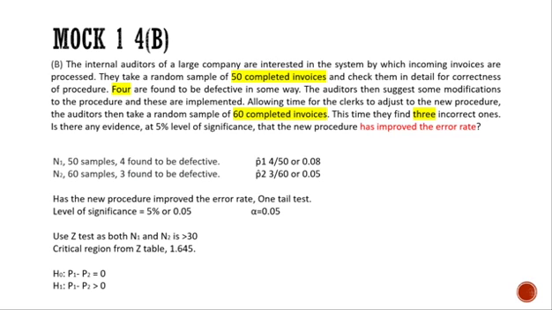Since n1 and n2 are above 30, we can use the z-test. From the z-table, the critical region is 1.645. For our H0, p1 minus p2 equal to 0, while our H1, p1 minus p2 is greater than 0.